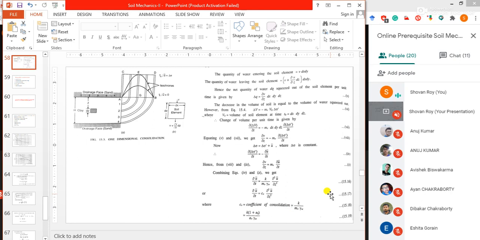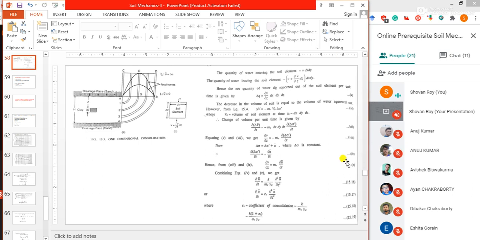The coefficient of consolidation is K by MV. I think it is better if you write it down, if you have a copy and pen. So what are the terms?